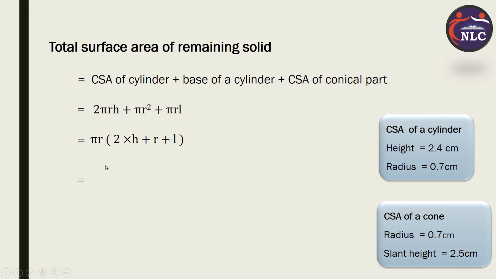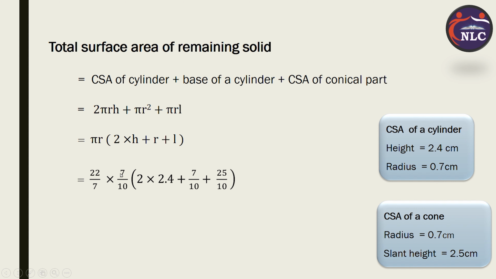So pi is 22 by 7 into r is 0.7, take it as 7 by 10, into 2 into h as it is 2.4, plus r is 7 by 10 plus L is 2.5. I'll take it as 25 by 10.